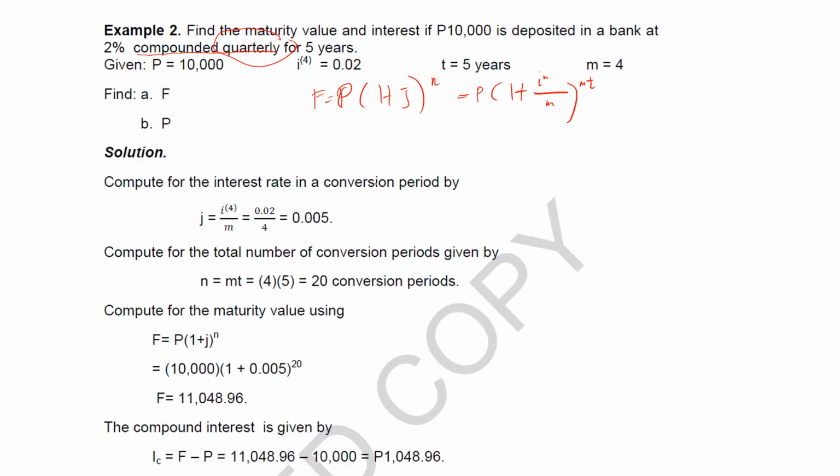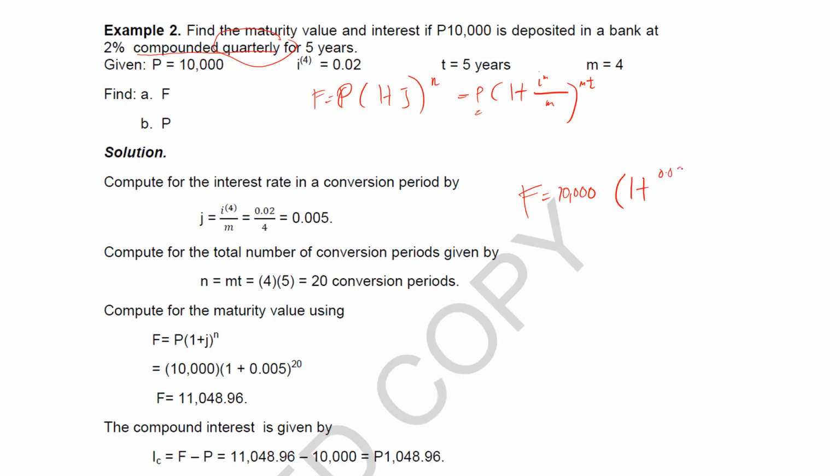What you will do is substitute directly in the formula. F is equal to, the principal value is the deposit. The deposit is 10,000. So principal is 10,000 times 1 plus the annual interest of 2%.